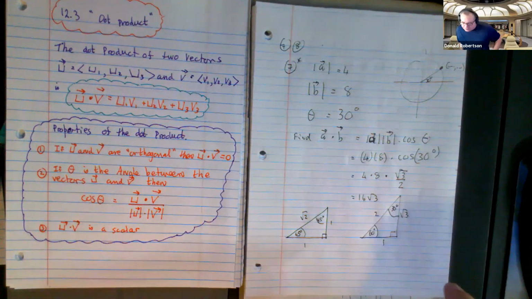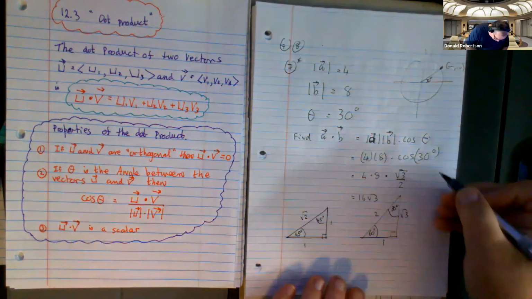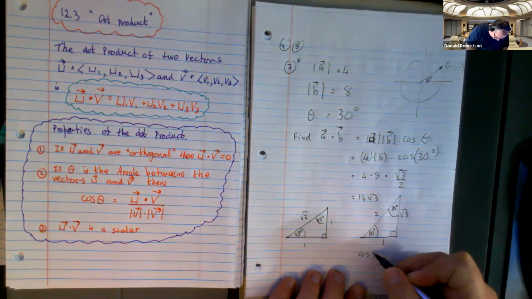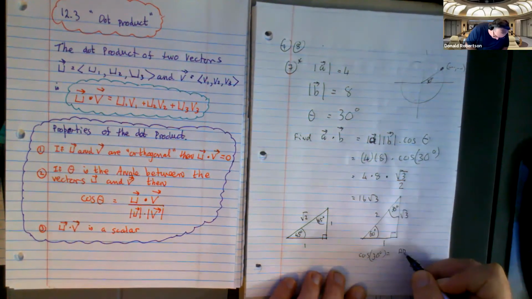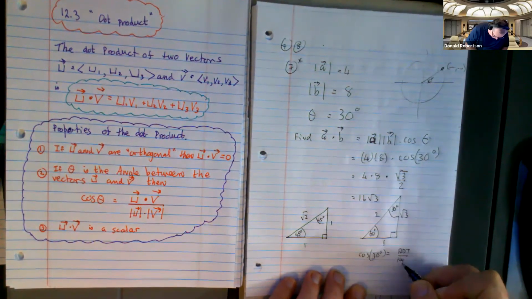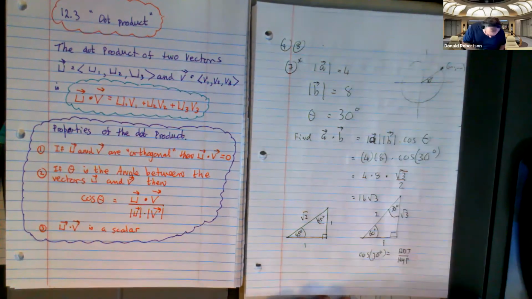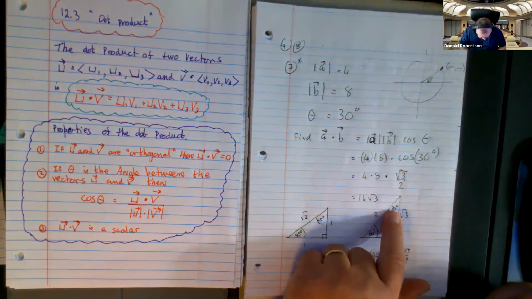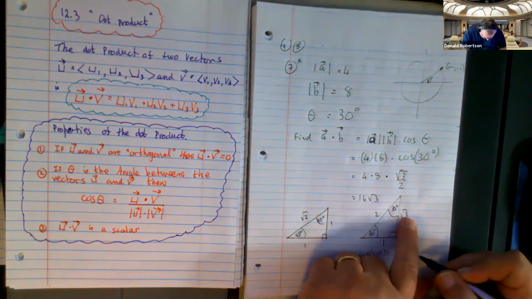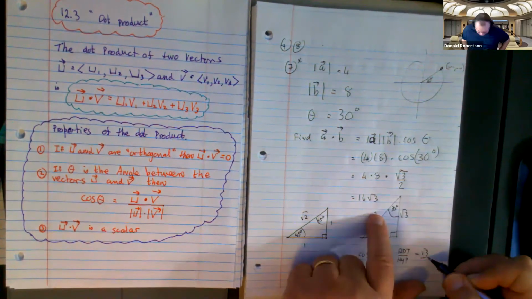Now, if you wanted to know, for instance, what the cosine of 30 degrees was, isn't it the adjacent over the hypotenuse? Now, from 30 degrees, isn't the adjacent root 3? And the hypotenuse is 2. Do you see the answer?